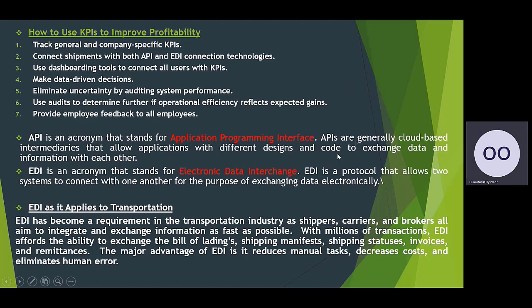Application programming interfaces are generally cloud-based intermediaries that allow applications with different designs and code to exchange data and information with each other. So data is being passed between them, and at the end of the day, it is collated, pulled out and analyzed. Then EDI, electronic data interchange, is a protocol that allows two systems to connect with one another for the purpose of exchanging data electronically. So that's what API and EDI in this number 2 meant.